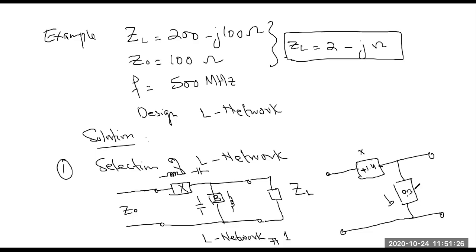So plus 0.3 means that we have to use a capacitor over here, and we have to connect an inductor over here.